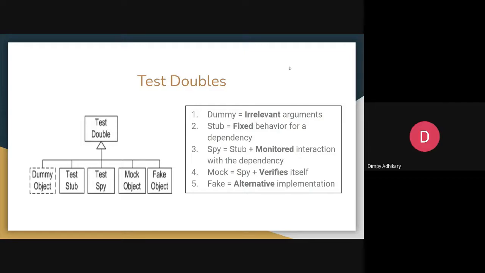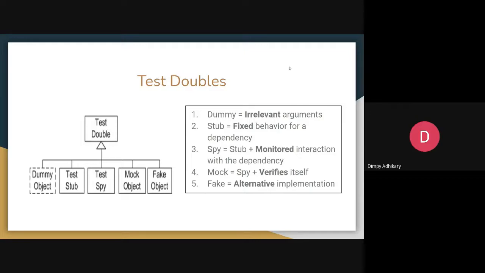And a spy is a better version of a stub, but it has monitoring capabilities. In a spy you can also control, for example, in one object you want to create a testable, and some part of the object you don't want to mock, and some part of the object you want to mock. In that kind of scenario you can use a spy.